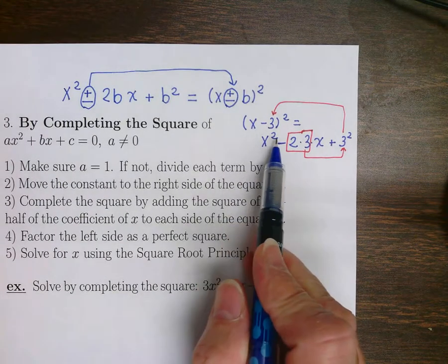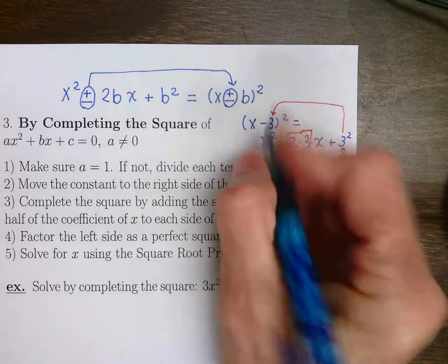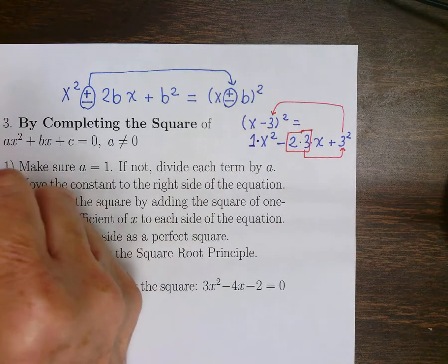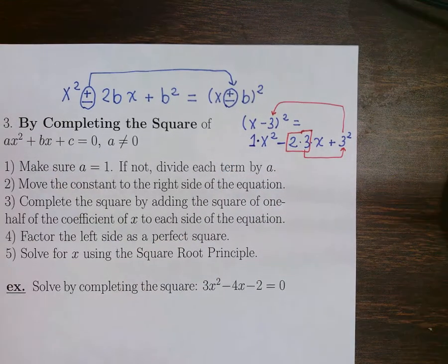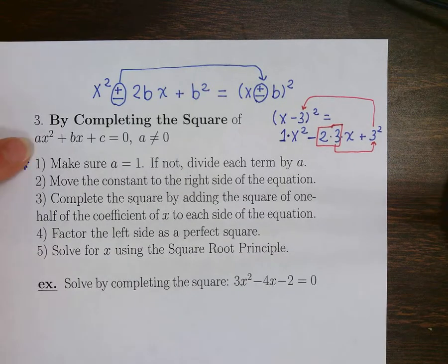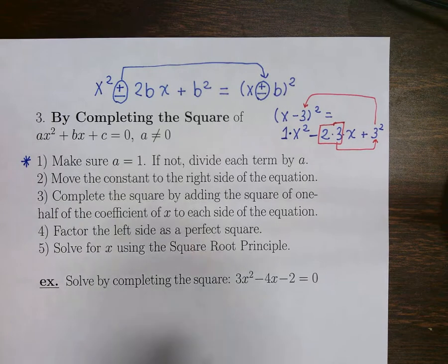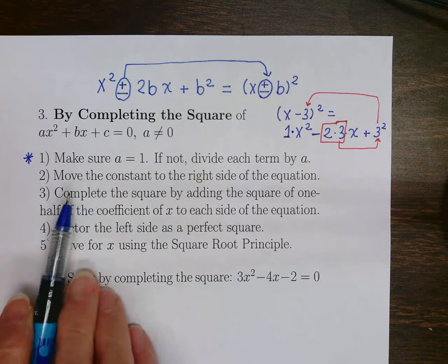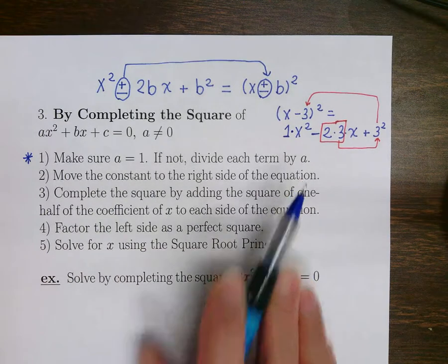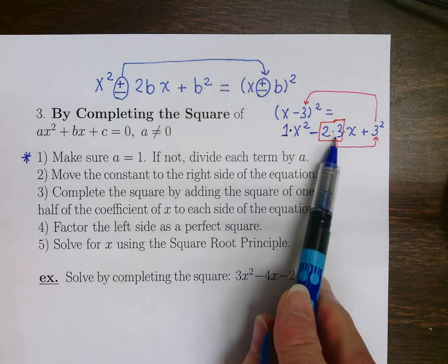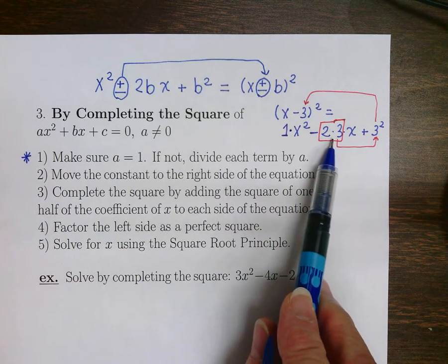Now, this process requires that coefficient to be 1. So our first step is to make sure when we're completing the square that we have a 1 as the first coefficient. If not, we have to divide each term by that number. Then we'll move the constant over to the right side of the equation. That'll just make life easier. And then we're going to complete the square by looking at the process that we did here.